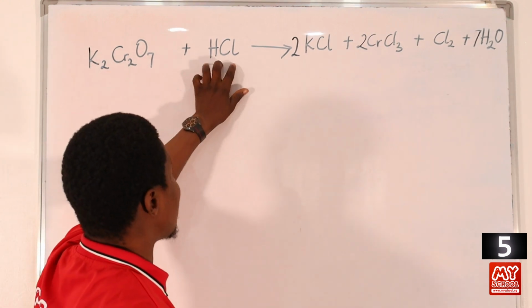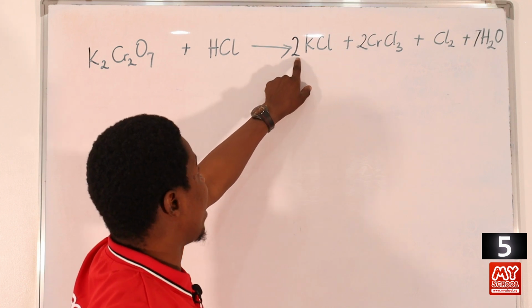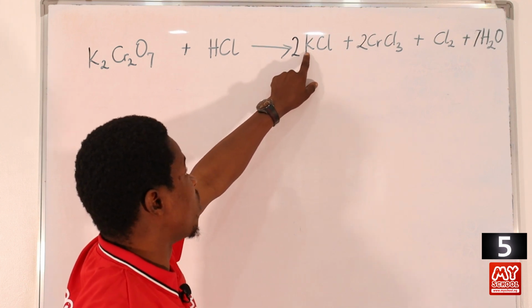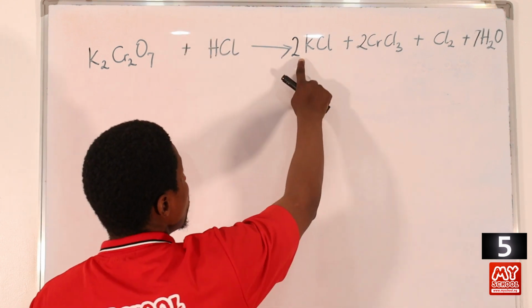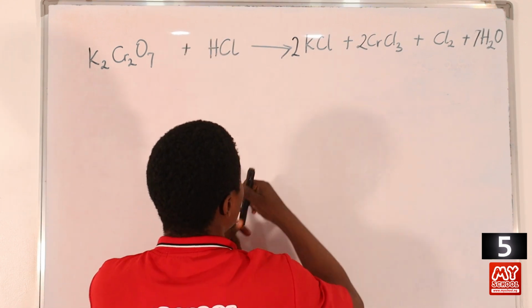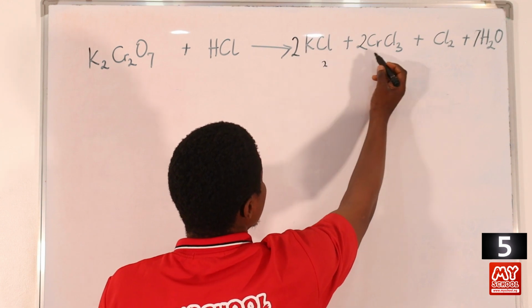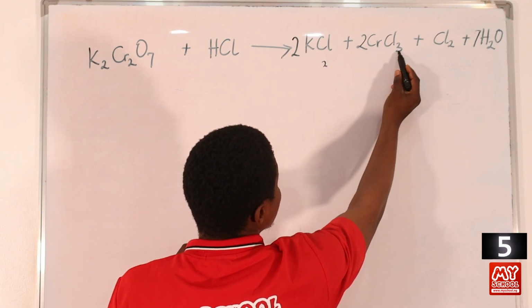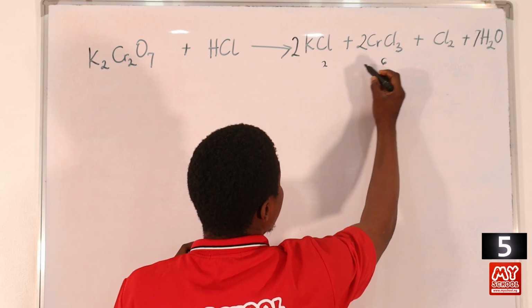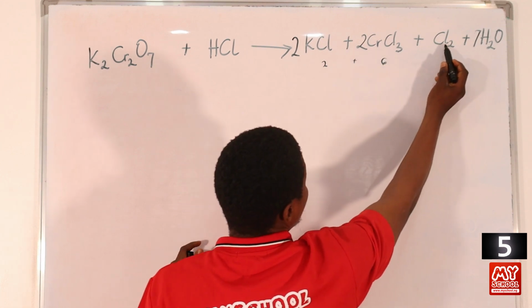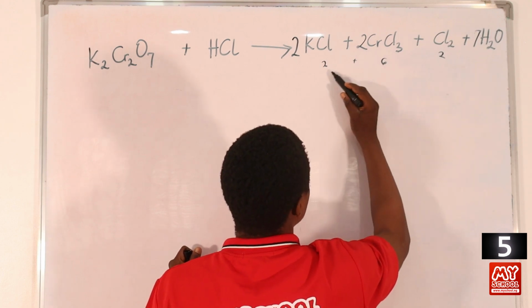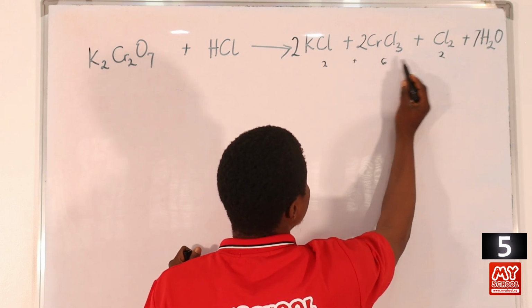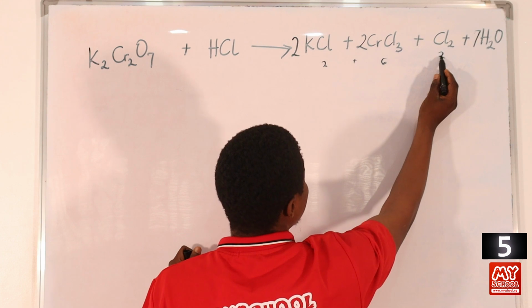To balance this now, let's count the other elements that combined with the ones we balanced, so that we can balance the other side. Chlorine here is 2, and this is 2 times 3, that's 6. So 2 plus 6, that's 8, plus 2, that is 10.